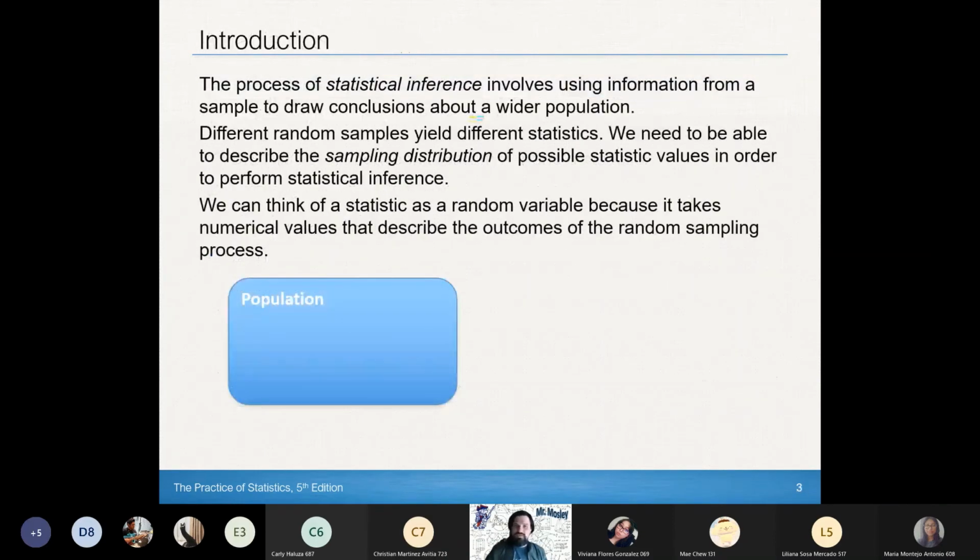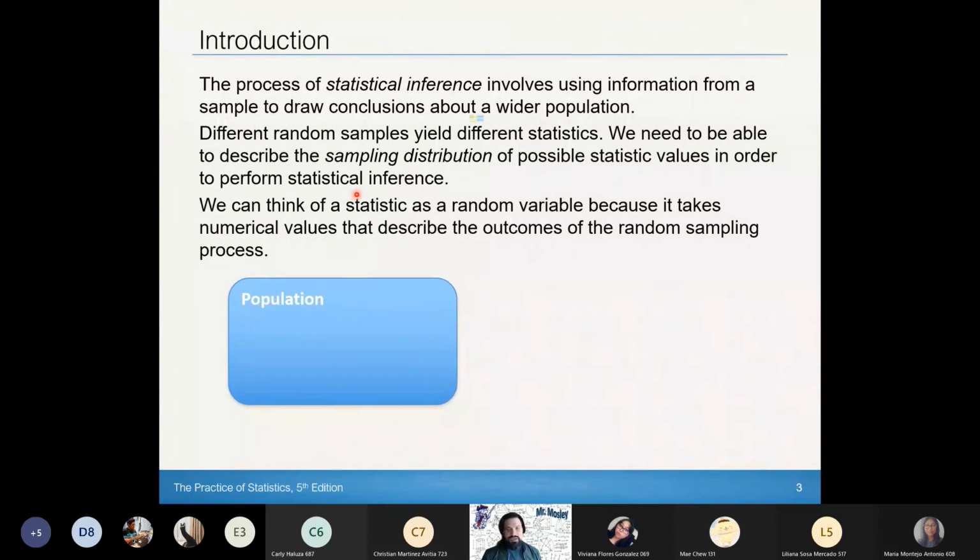The process of statistical inference involves using information from a sample to draw conclusions about a wider population. It's kind of the whole point of sampling and collecting statistics. We want to know something about a general population. Different random samples yield different statistics. We need to be able to describe the sampling distribution of possible statistic values in order to perform statistical inference.